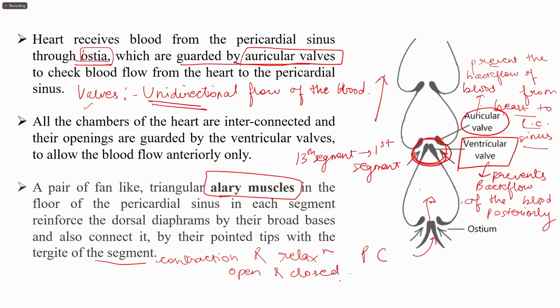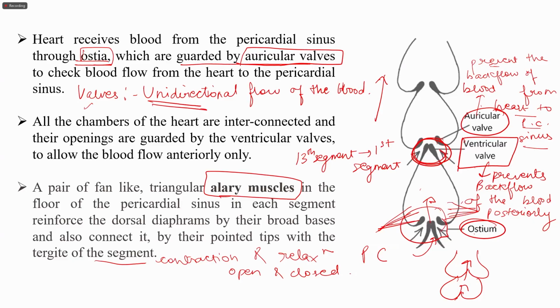When it is in the closed state, the blood will flow from one chamber to another chamber. And when it is in the open state, the blood will flow through the ostium. So this is the open state that is being shown here, and this happens due to the contraction of the alary muscles. The alary muscles, which are connected to the diaphragm, help in bringing about the contraction of the heart.